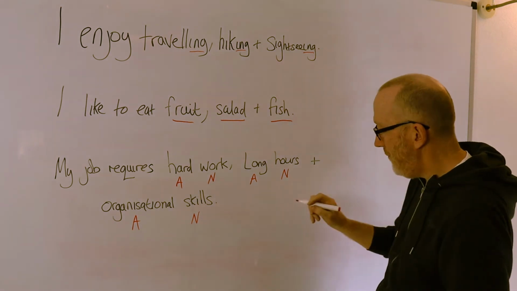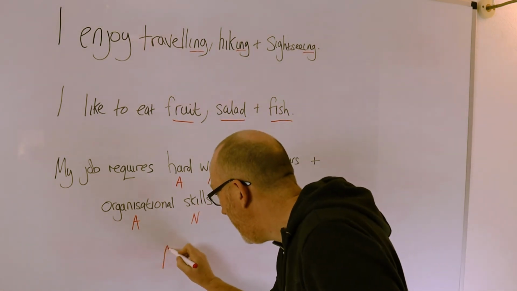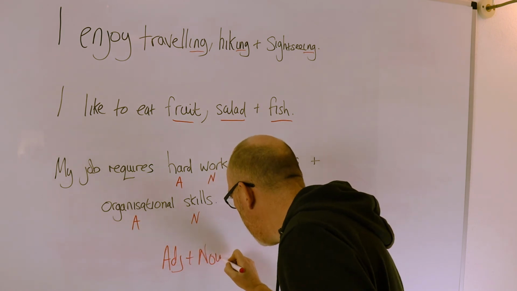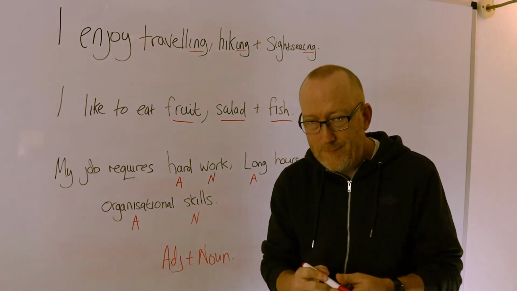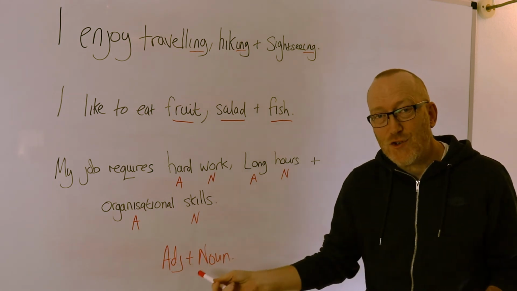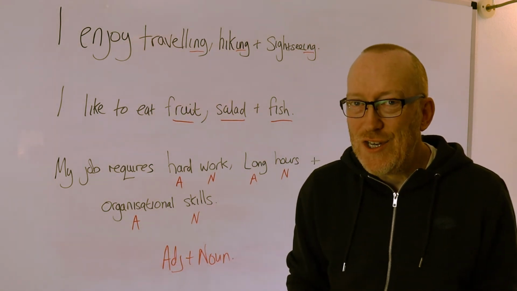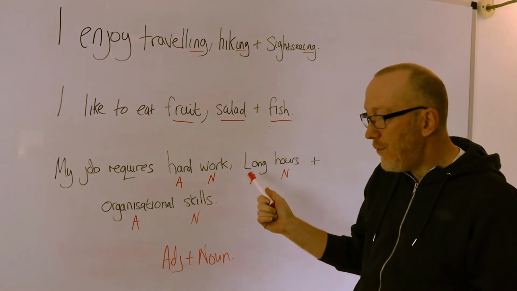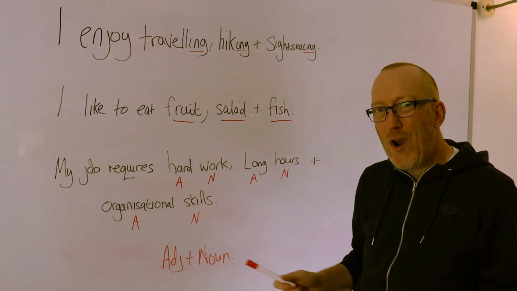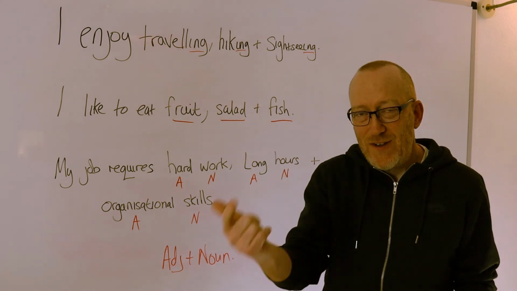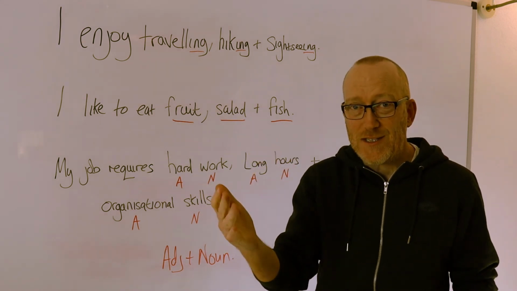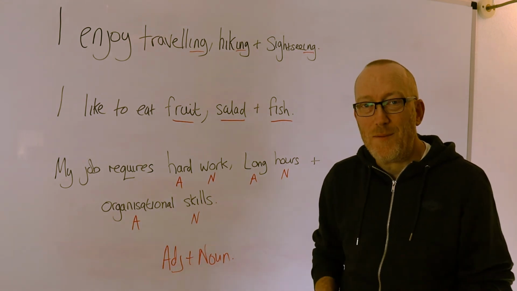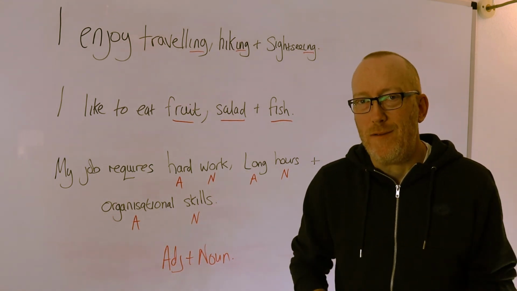So here we basically have a combination of an adjective plus a noun. And this is a very interesting word combination that if you're not using, you should be using already. So hard work, long hours, and organisational skills. Adjective, noun, adjective, noun, adjective, noun. This rhythm, this magical rhythm just makes it so much more fluent.